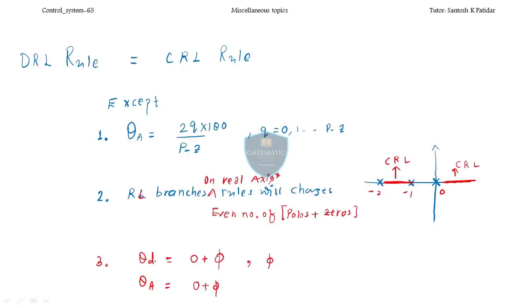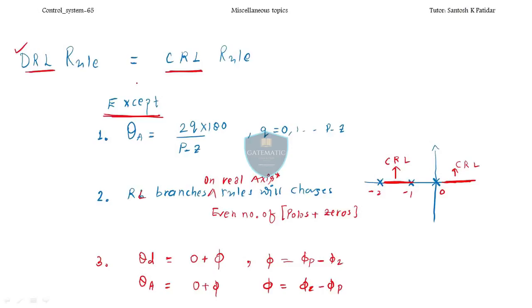For the departure, it will be phi p minus phi z, and for the arrival it will be phi z minus phi p. I hope this one is clear to you. So these are some changes. Rest of the things are equal to each other. For the DRL and for the CRL, the rules will be same, symmetric and all whatever we discussed, only these things will be changed.